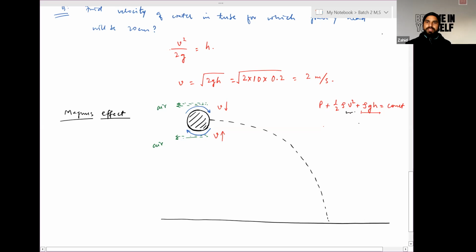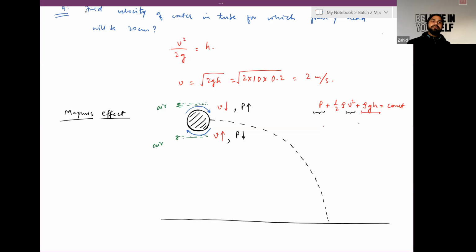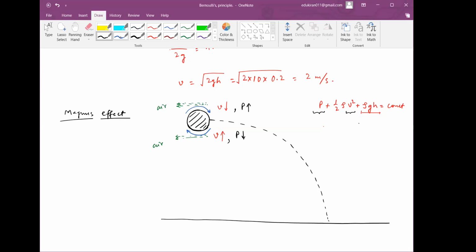So if one quantity is decreasing, the other must be increasing so that the sum of these terms is conserved or constant. So due to decreasing velocity, pressure gets increased, and due to increasing velocity at the bottom, pressure gets decreased. Krishna, is it clear? Yes, sir.